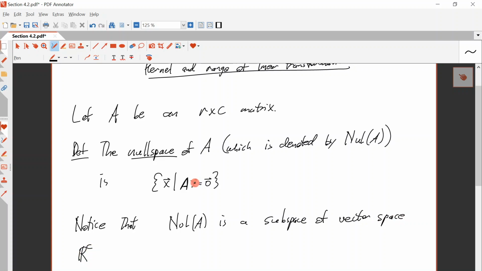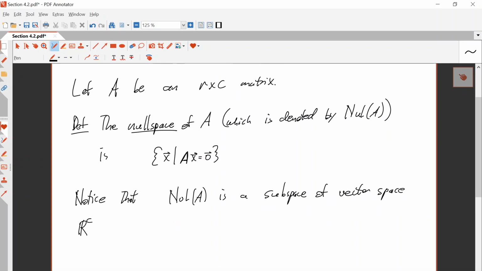Because you're multiplying x on the right of A, so the number of entries in x is the number of columns in A, so that you can do this multiplication of a row of A times the column x.